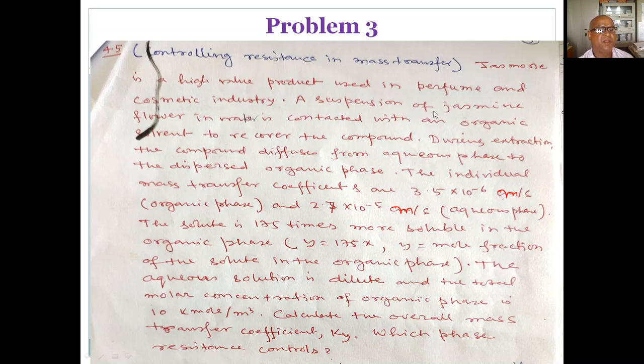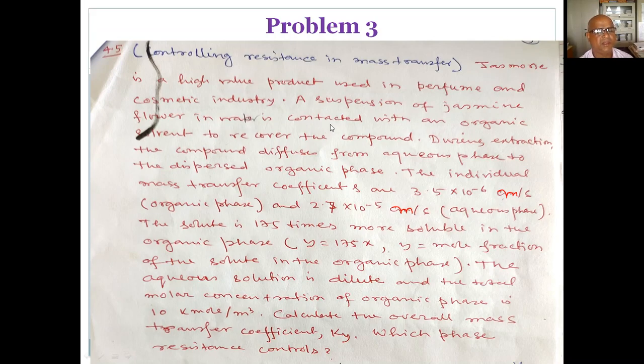A suspension of jasmine flower. How will jasmine come? It generally comes from the jasmine flower. So if you crush the jasmine flower in liquid, with water, then jasmine will come out. Then a suspension of jasmine flower in water, now you have to extract this jasmine.